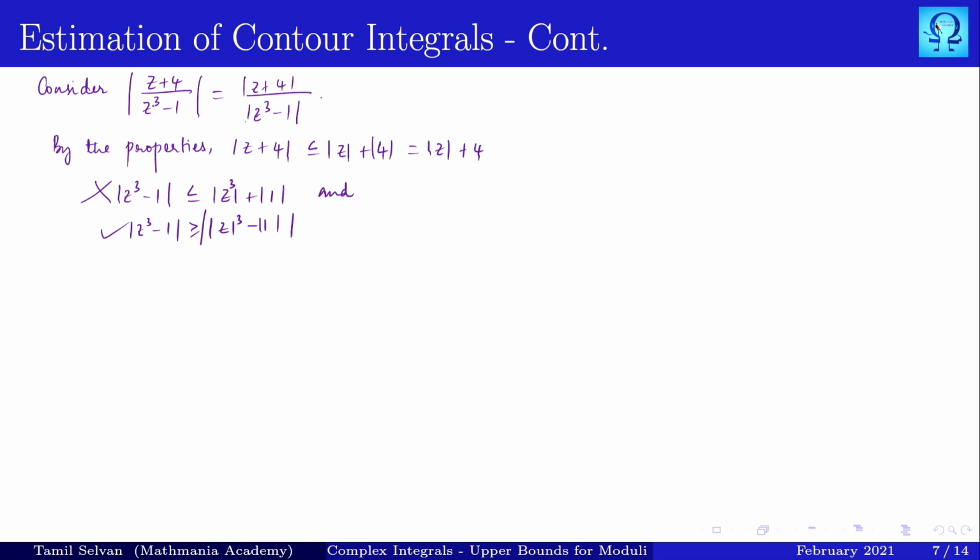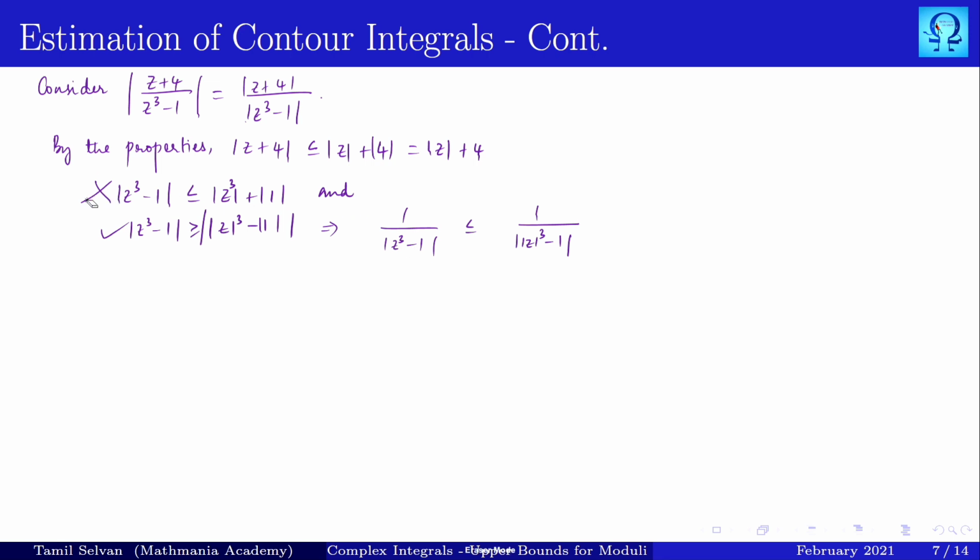just because I have this z cube minus 1 term in the denominator. When I use the inequality involving the bigger than or equal sign, when I take the reciprocal, that becomes the inequality with the smaller than or equal sign. So this will imply that 1 upon absolute of z cube minus 1 is smaller than or equal to 1 upon absolute z cube minus 1.